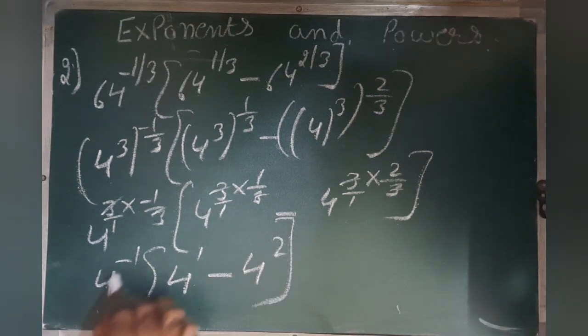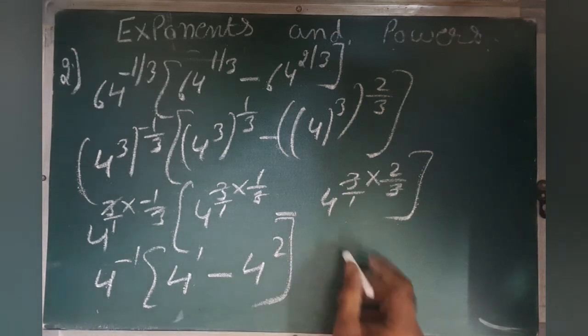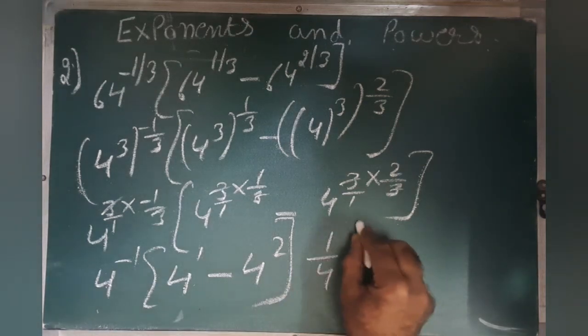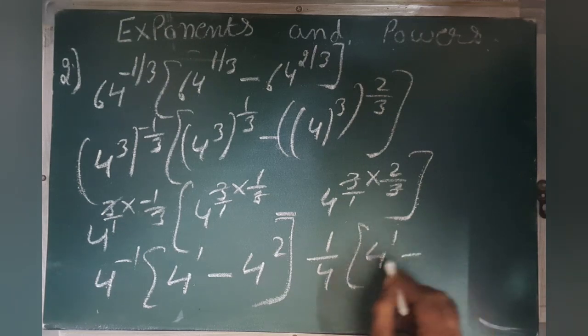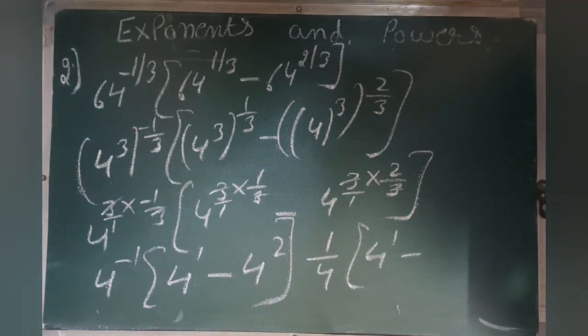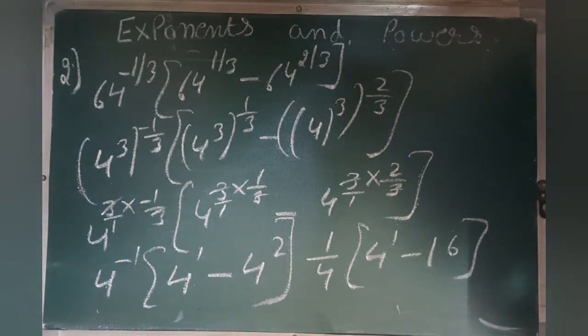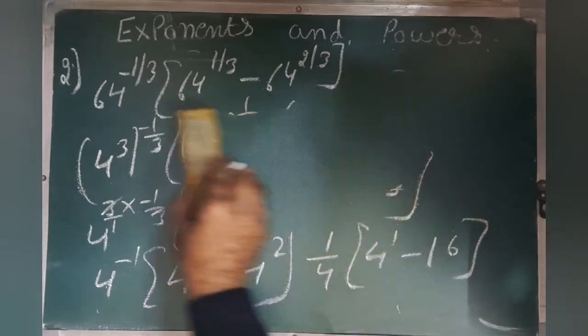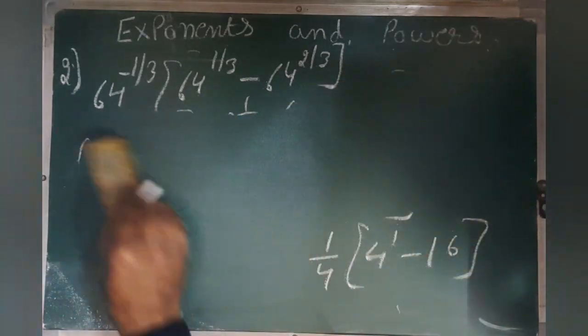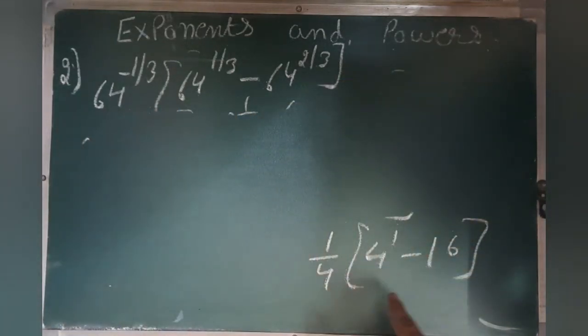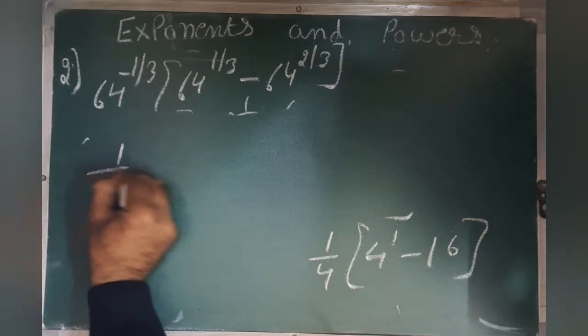Now in this the exponent is negative. So what do we do in this case? We have to reciprocal this. So 1 upon 4. This 4 power is 1. Minus 4 power 2, that means 4 into 4, 16. Now next step, here 4 power 1 means 4.